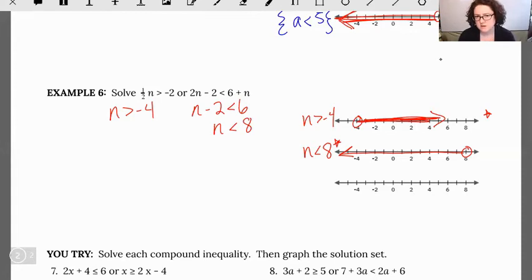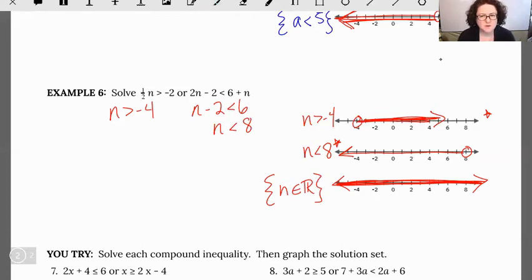So we need all the info that works for either the first one or the second one. So we could draw in the entire graph. If we're hitting every single number, that means our solution set is all reals. So n is in the set of all reals.